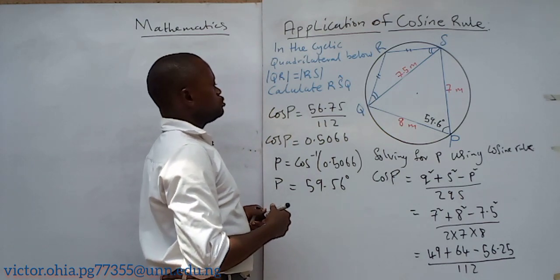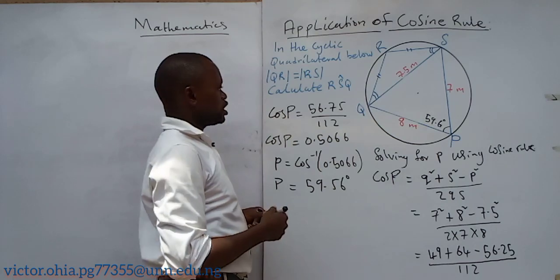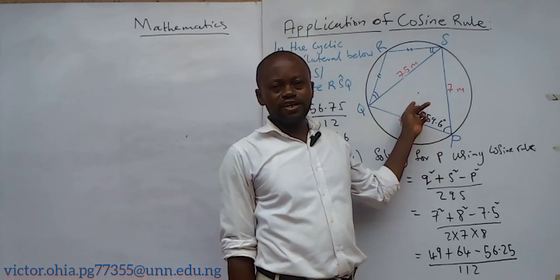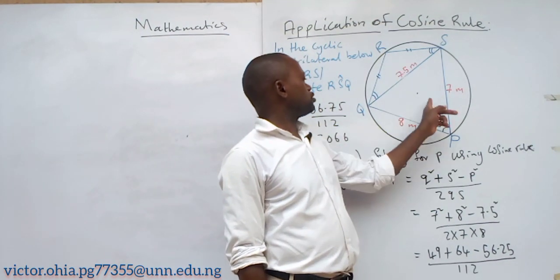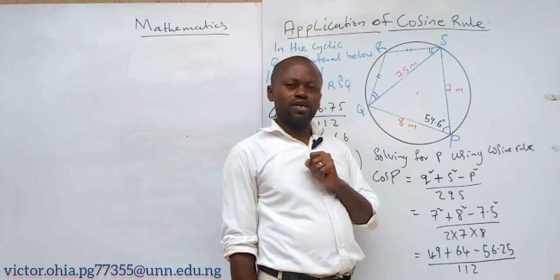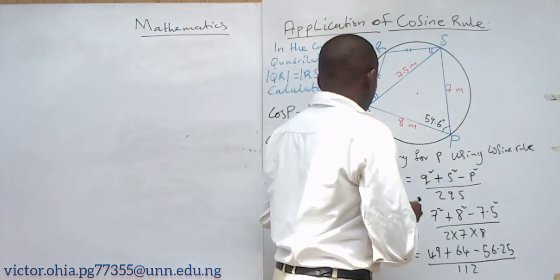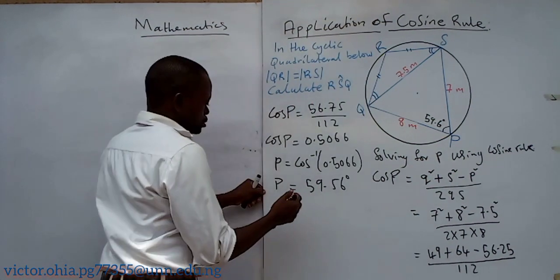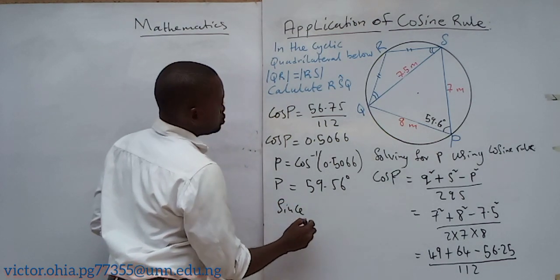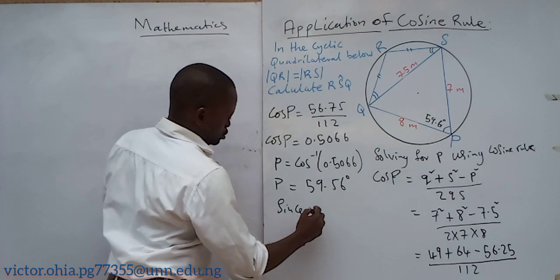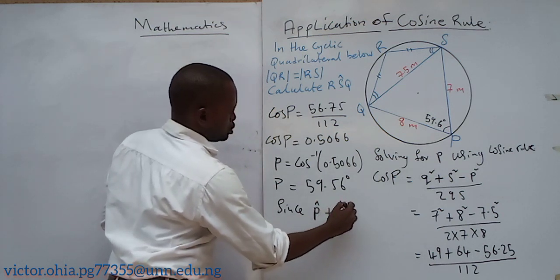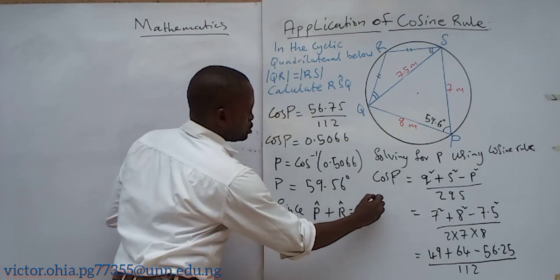So now, based on the previous explanation I was giving, since this is a cyclic quadrilateral, the opposite angles of a cyclic quadrilateral are what? Do you remember what I said? They are supplementary. All right. So we can come back again and say, since this angle P plus the angle R is equal to 180 degrees.